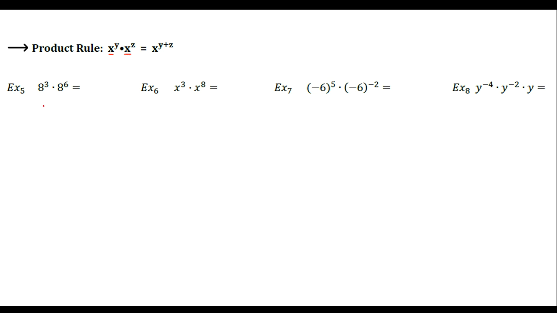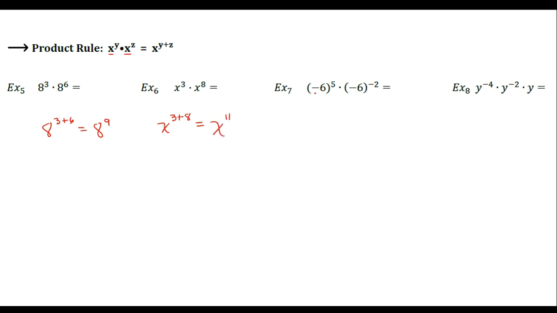So on these examples, we're just going to apply the rule. So 8 to the third times 8 to the sixth is really 8, and we are going to add 3 plus 6, and we get 8 to the ninth power. X to the third times x to the eighth is really x to the 3 plus 8, which gives us x to the 11th.